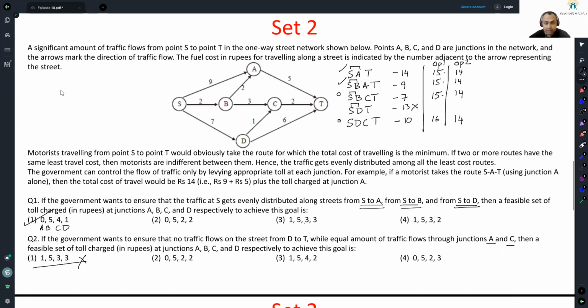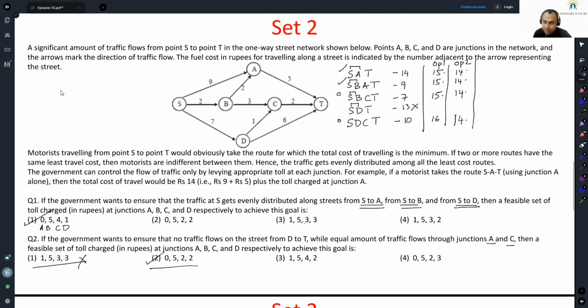This seems nice. This seems amazingly nice. Why this seems amazingly nice is, see, now 25% of the traffic, 25% of the traffic, 25% of the traffic, 25% of the traffic. Yes, traffic flowing through A will be 50%, traffic flowing through C will also be 50%. So as of now, this seems like the answer.